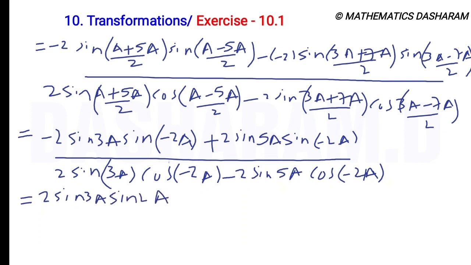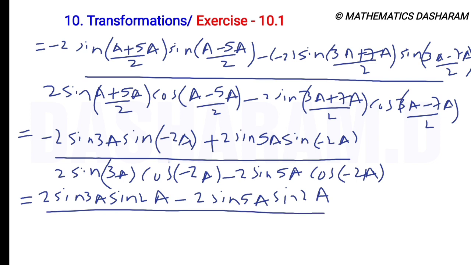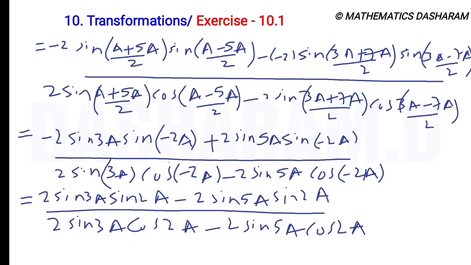And here sin of minus theta is minus sin theta, but here plus, so then minus 2 sin 5a into sin 2a, divided by, cos of minus theta is cos theta itself, so 2 sin 3a into cos 2a, and here also the same, so minus 2 sin 5a into cos 2a.